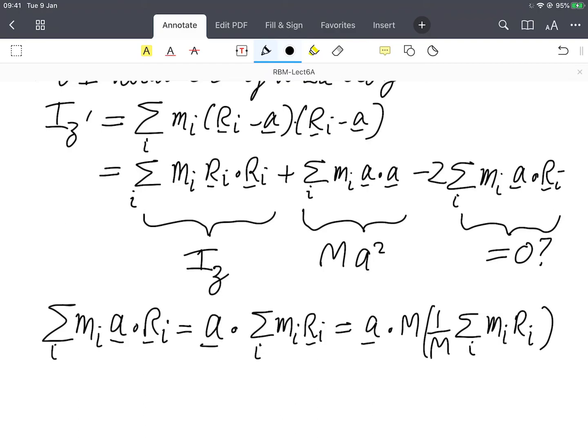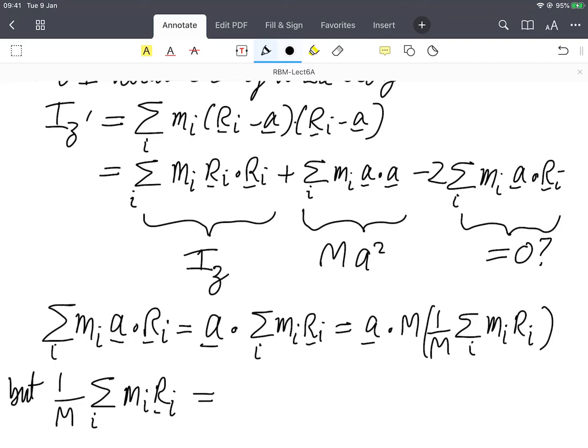But this here, what is it? I recognize it as the horizontal component of the position of the center of mass. Yes. Remember? Mi little ri, sum all this, that's the position of the center of mass.